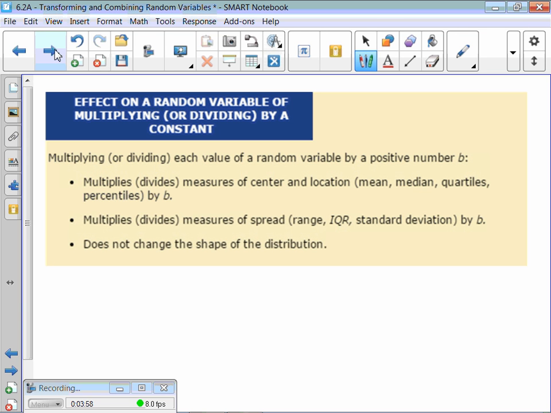And it will also multiply or divide your measures of spread, including the range, the IQR, and the standard deviation. And it does not change the shape of the distribution. So our histogram shape stayed the same. We multiplied by a constant.